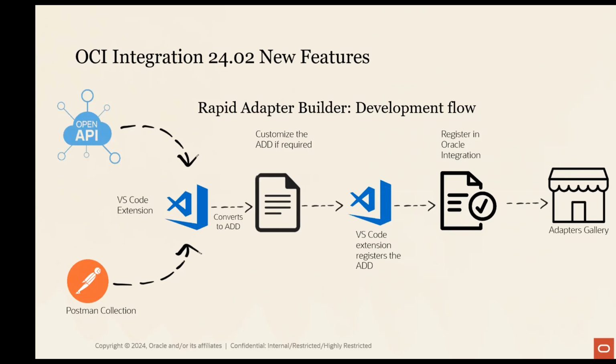Of course, this adapter definition file can be customized. Customized could be, for example, what sort of security do I want to apply? When the customer is defining the connection, do I want them to be able to select basic auth and OAuth, for example? That's the sort of stuff that you can add in this ADD.